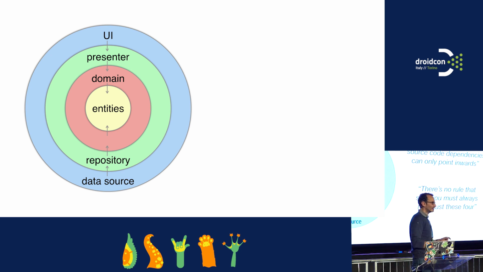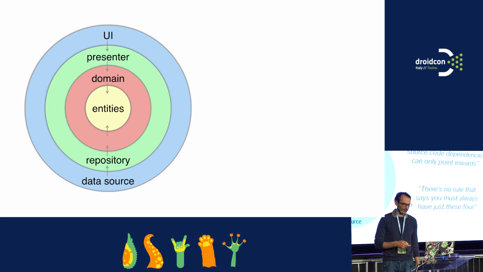So the clean architecture is not strict. You can have any number of levels. If you need more levels, you can add them. And it doesn't tell you where to add a certain class. There is just the dependency rule that the dependencies can only point inwards. That's the important stuff.